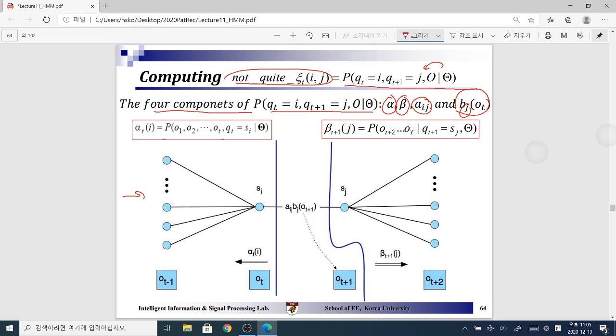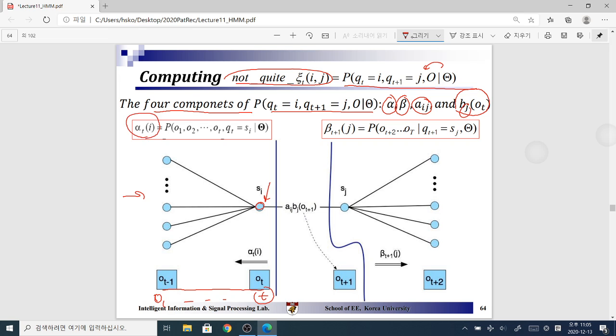That is, say, being in state i at time t. So this is going to have the observation sequence observed from O1 all the way to O sub t, and being at state i at time t.